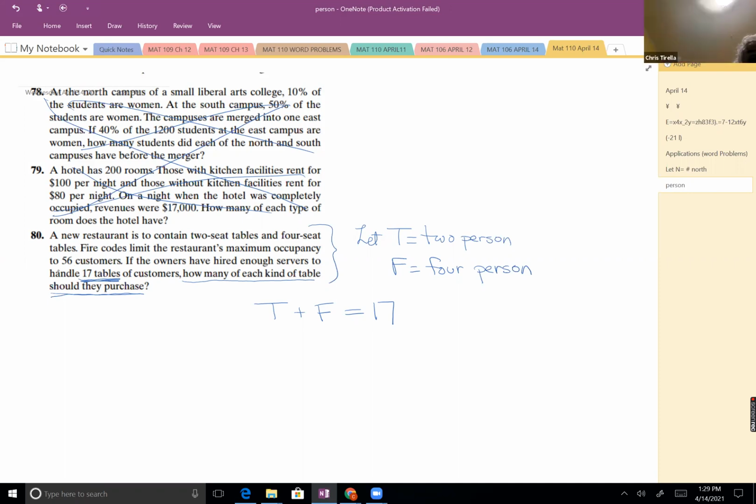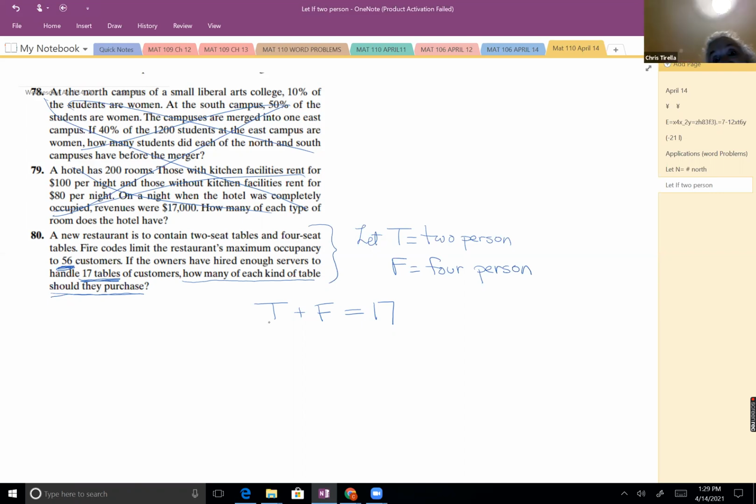And if they can have 56 customers, how are we going to come up with an equation for that? 56 divided by 2. Tell me why you're dividing it by 2. Lucky guess.